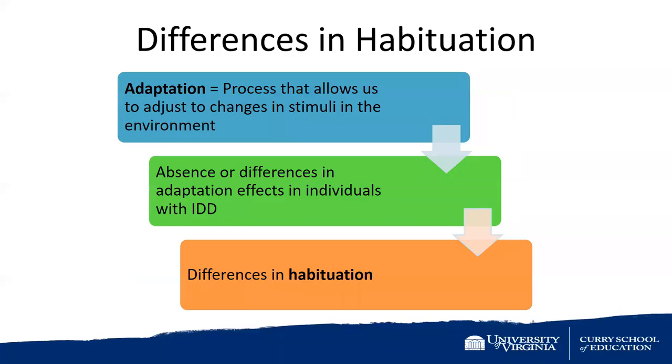We also tend to see differences in how people habituate to their environment. Habituation and adaptation are terms where we're thinking about how much we can get used to and adjust to changes in our environment. Adaptation is the process of adjusting itself. We tend to see that individuals with IDD sometimes experience an absence of adaptation. They are unable to adjust to changes in stimuli in their environment, or they adjust to those changes differently from you or I. As a result, we may see differences in getting used to stimuli.